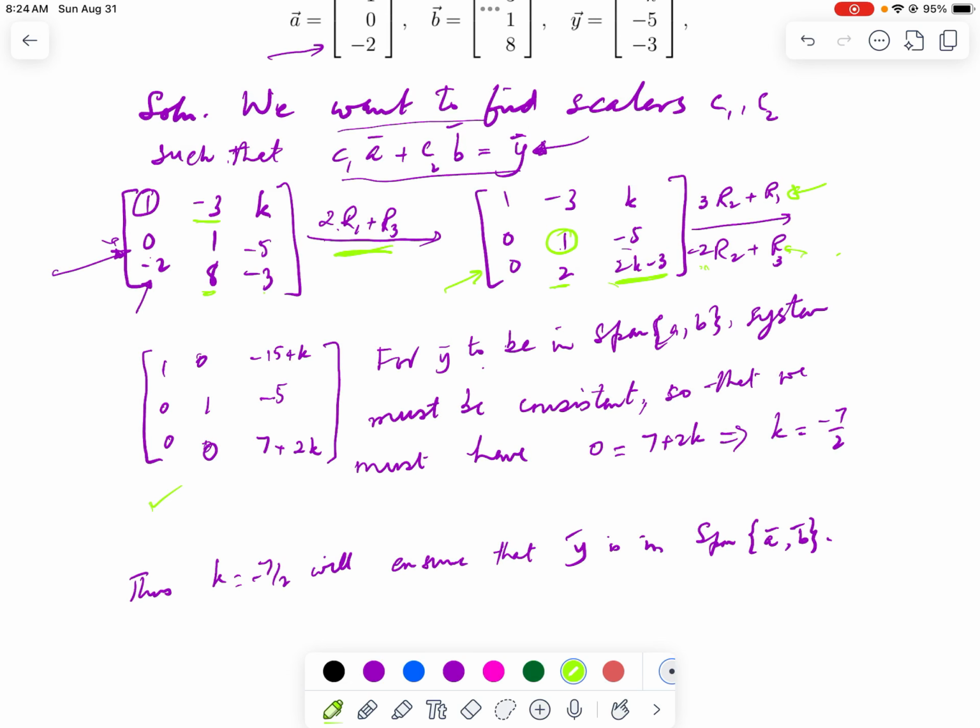Now looking at this matrix, remember we had only 2 variables, or 2 columns of coefficients in the matrix, and the third column was the vector. So we end here. So what does that mean?